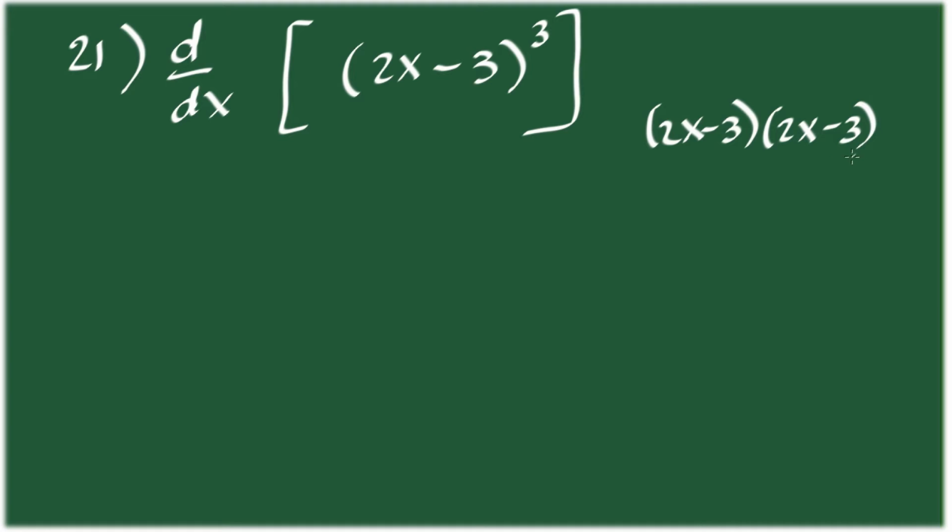Okay, it's a very tedious process of doing it. But in order to use the power rule, okay, you really have to expand it. Now, we have a way to simplify 2x minus 3 to the third without doing this kind of distribution, okay?